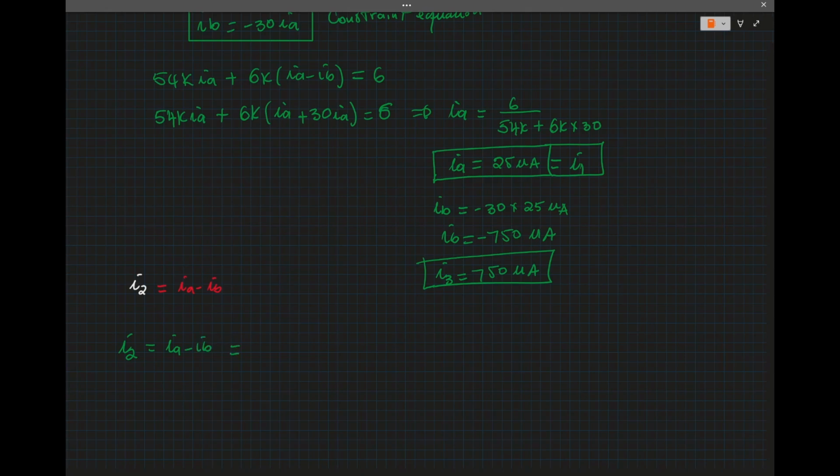So that gives me 25 microamps minus negative 750 microamps, which equals 775 microamps. That's I2. As you can see, we are able to find all the branch currents.